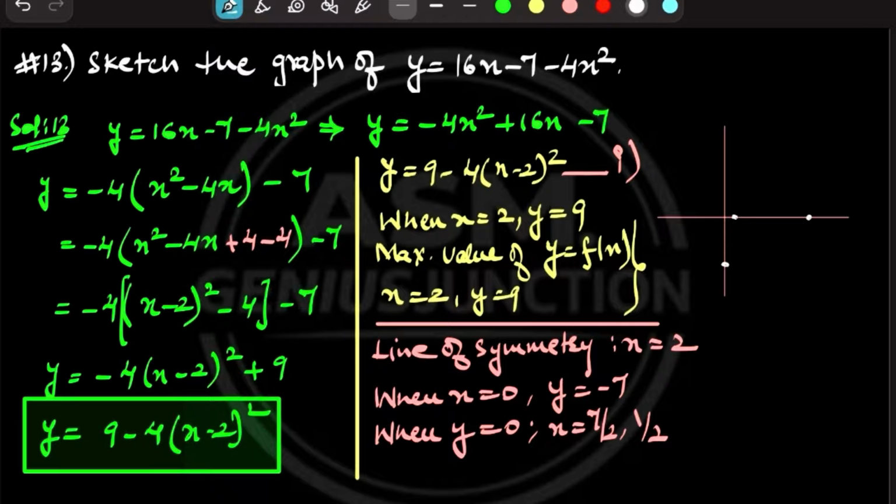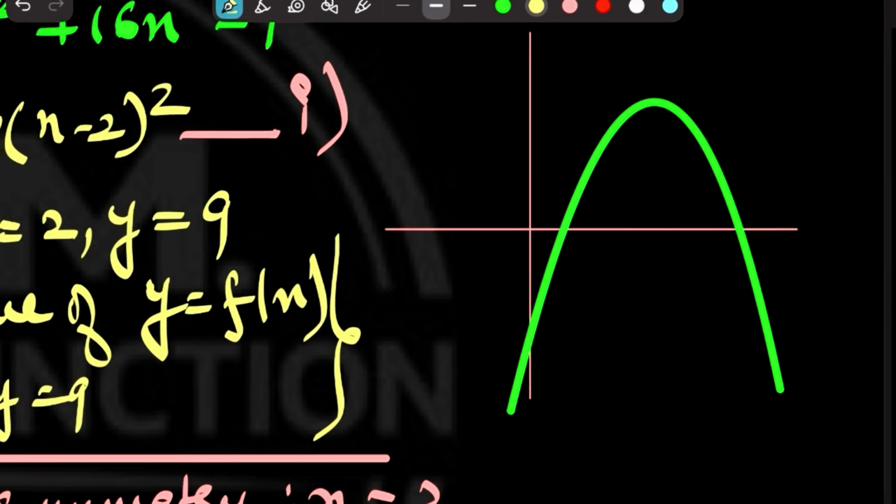And we also know the point of maxima. So plotting all these points, my graph is going to look like this, right? So this is the shape of the graph. Let's plot the points.